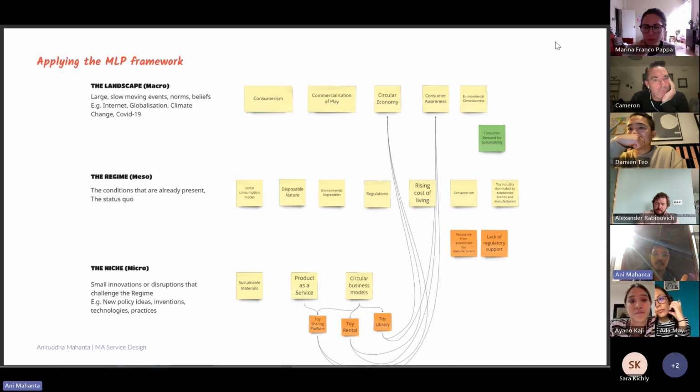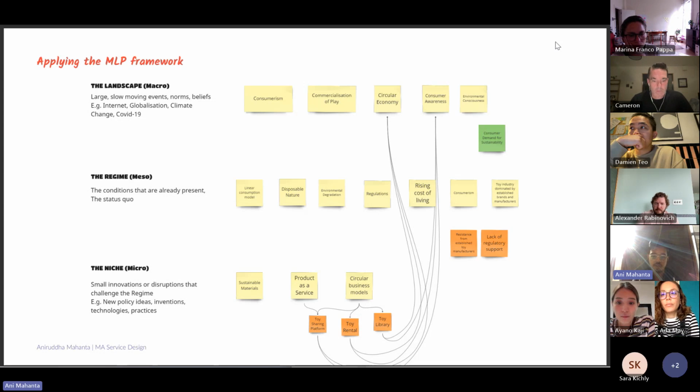And how can we then have a stakeholder relation where these toy brands don't see themselves as competitors with a toy library, for example? So that's the aim that I have for the future workshops that are coming. Yep, that's all that I had to share.